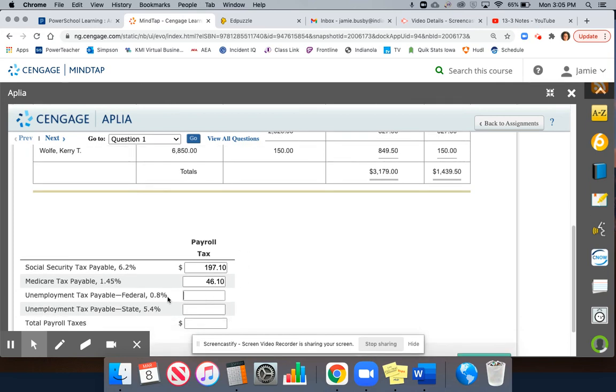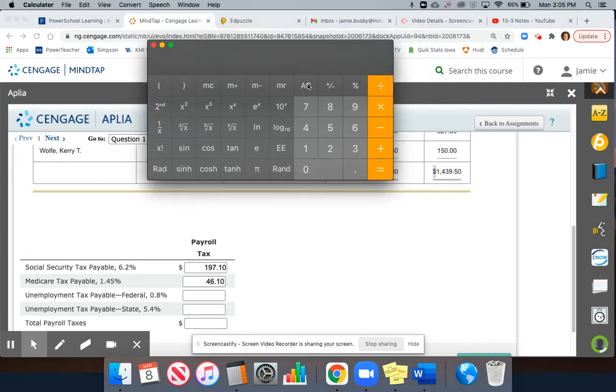And now to calculate our federal and state unemployment, we need to use this number, federal unemployment number. So we will take $1,439.50 times 0.008. That is how you put 0.8% in a calculator. So we owe $11.52.